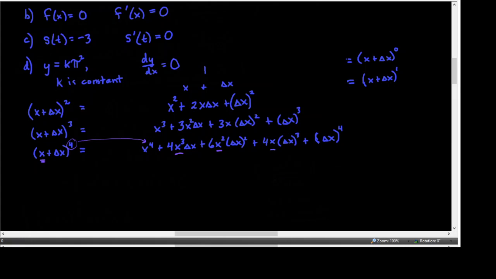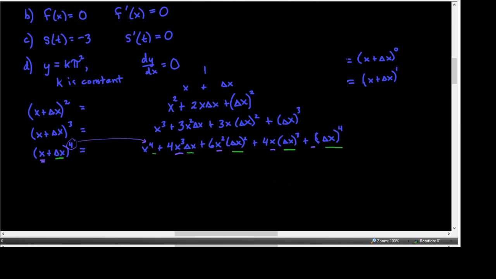So it's cubed, x is squared, x is to the first, and x is to the 0, which is 1. Then notice that the powers of delta x, the second thing, start out at power 0. So this is delta x to the 0 power, which is 1. Delta x to the first, delta x squared, delta x cubed, delta x to the fourth.